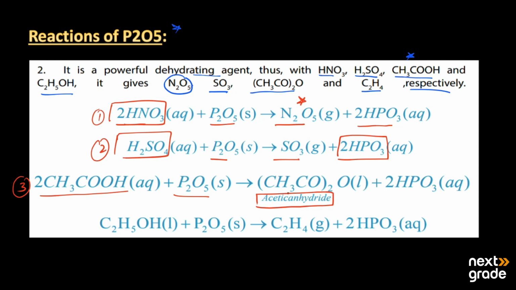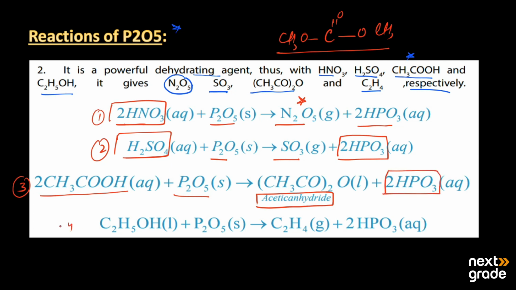Its formula is (CH3CO)2O, along with the production of metaphosphoric acid.